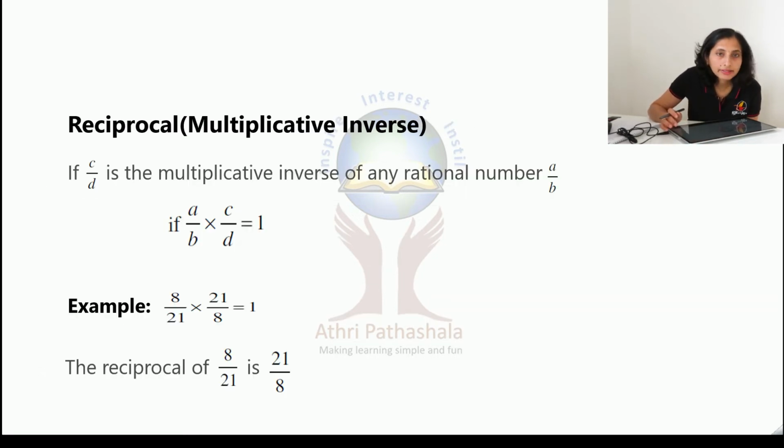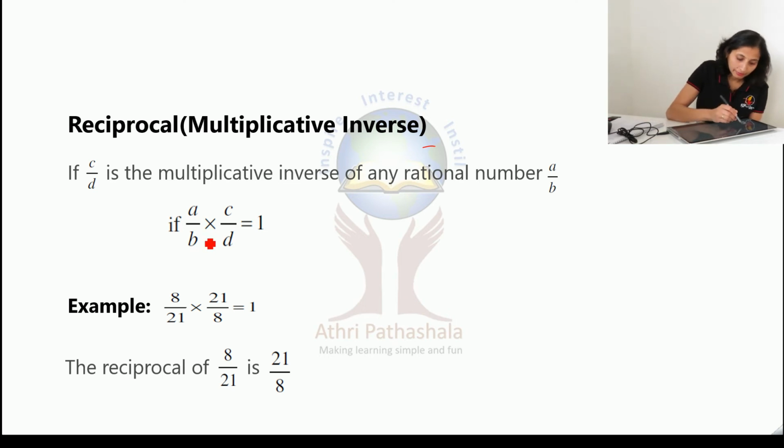Next, the multiplicative inverse, also called the reciprocal. If a by b into c by d gives 1, then c by d is the multiplicative inverse of the rational number a by b. Example, I took 8 by 21 into 21 by 8.